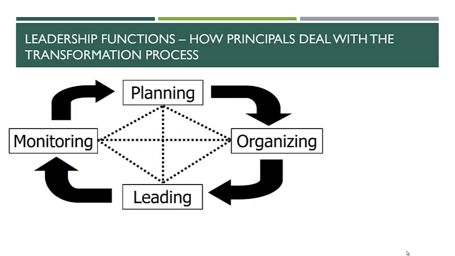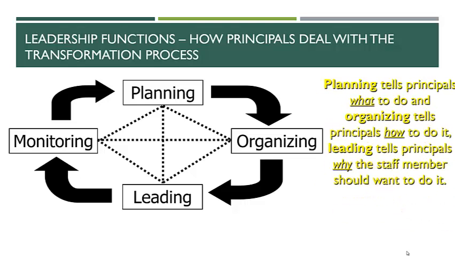So to put it in a visual, then we can see that this transformational process deals with planning, organizing, leading, and monitoring. And once we've made it through that loop the first time, then we can change planning to adjusting and planning, organizing, leading, monitoring, adjusting, and planning. And it's a continuous loop that goes on and on and on.